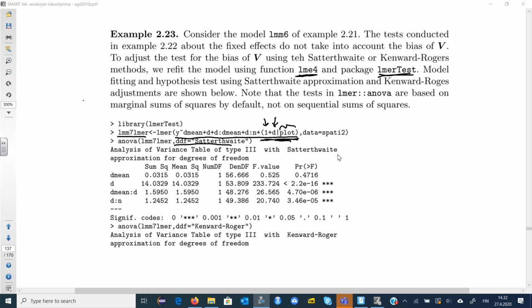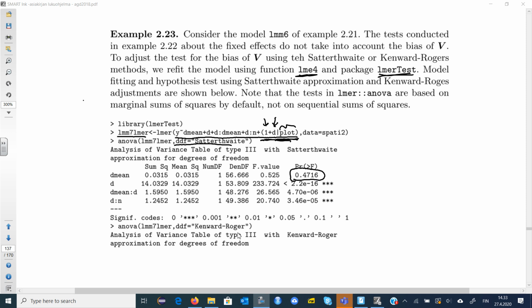For example, when we look at the p-value from the test about the need for d-mean, it is very similar to what we observed previously. I think the value was 0.4717 in the model that we fitted using the Pinheiro and Bates method, whereas here the Satterthwaite formula gives a difference only in the fourth decimal.